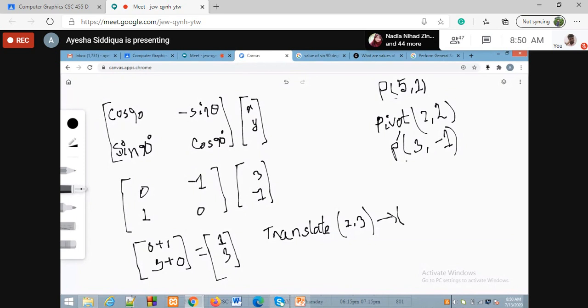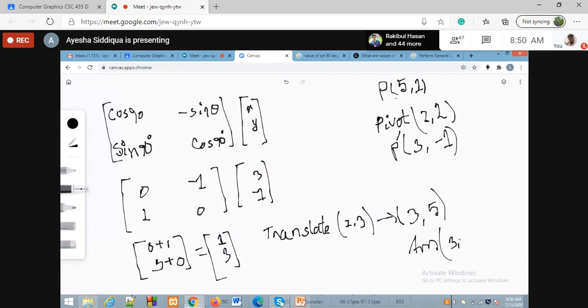So 1 plus the pivot is 2, so 1 plus 2 will be 3, and then 3 plus 2 will be 5. So our final result will be 3 and 5. So you can see here, the answer will be 3 and 5.